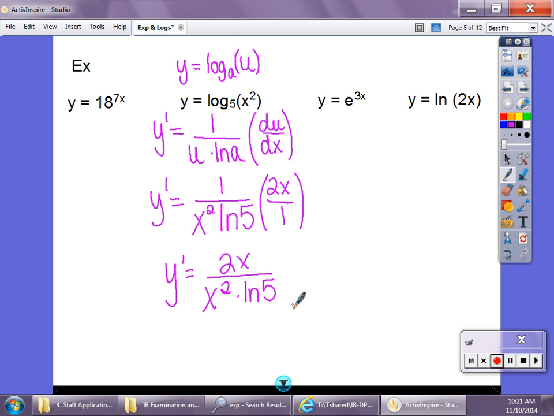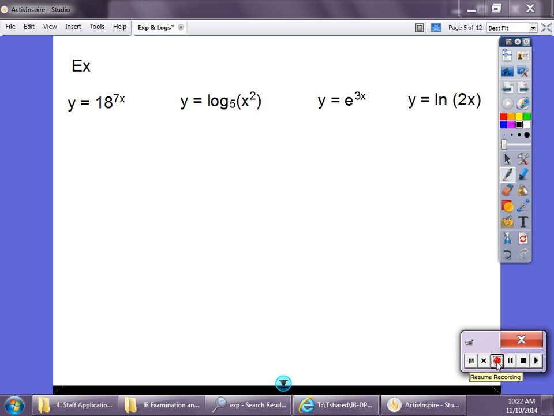Now, can I simplify anything there? Yes. What can you simplify? The x's, right? These are being multiplied, so you can cancel out this x with one of them down here. So our final answer is y prime equals 2 over x times the natural log of 5. Next, this is y equals what? e to the function u.